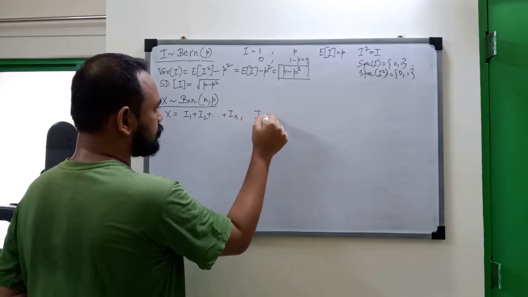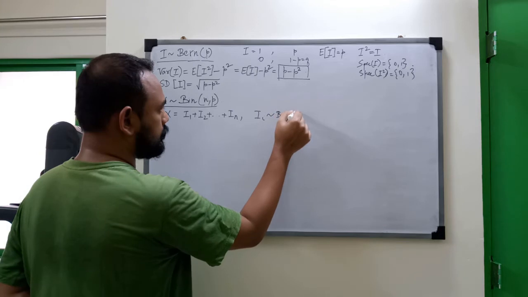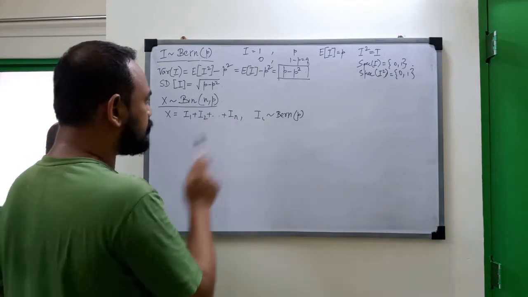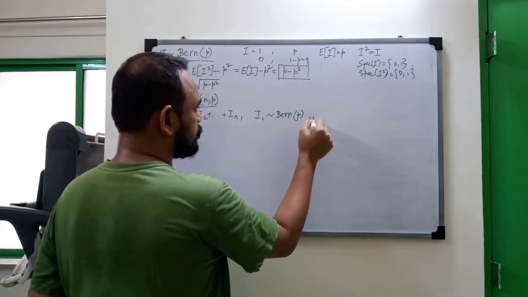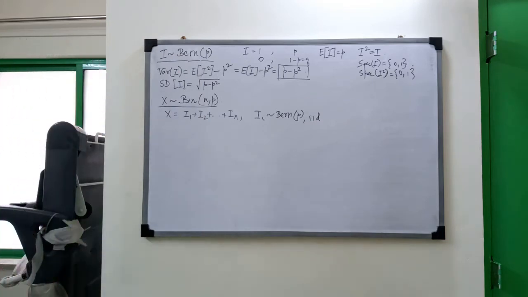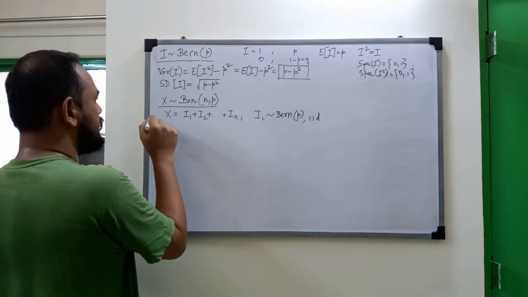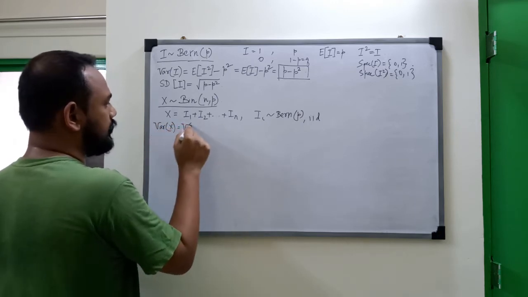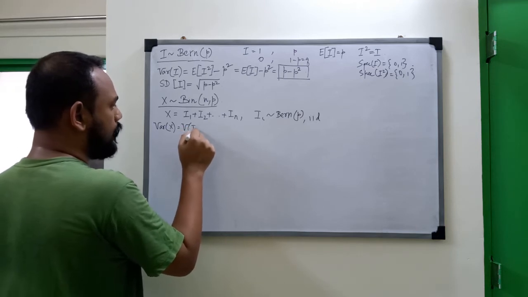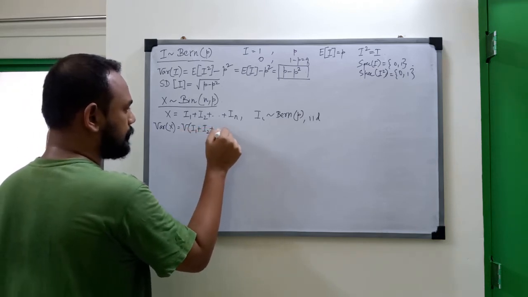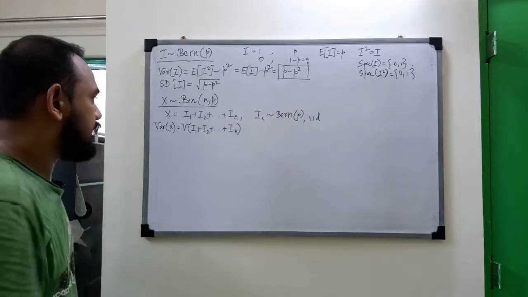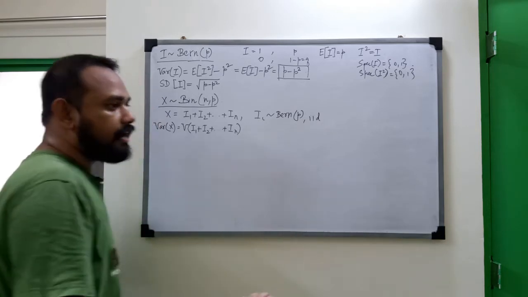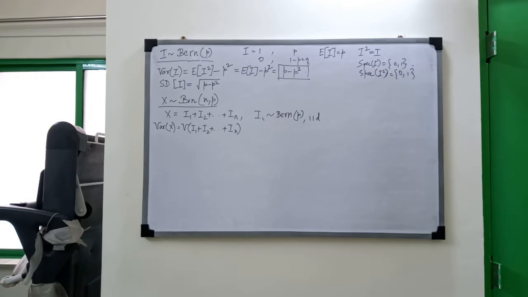Each of them is a Bernoulli trial with probability p, because they share the same parameter, and they are IIDs, in other words, independent and identically distributed. So if I want to take the variance of x, I take the variance of I1 plus I2 plus up to In. But the good thing is they're all independent because they are IIDs, and independent means there will be no covariance. The covariance is gone.